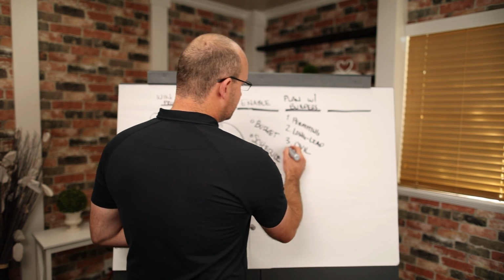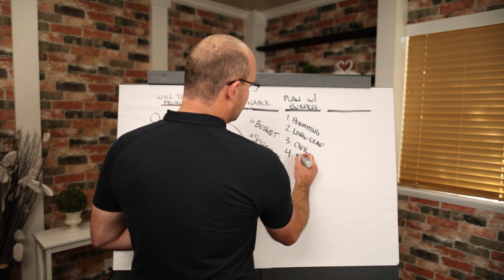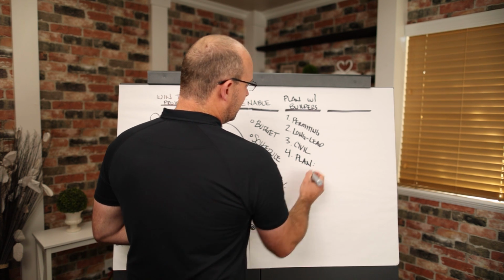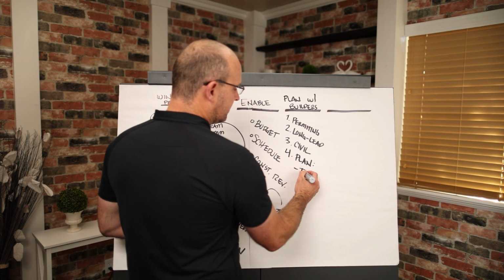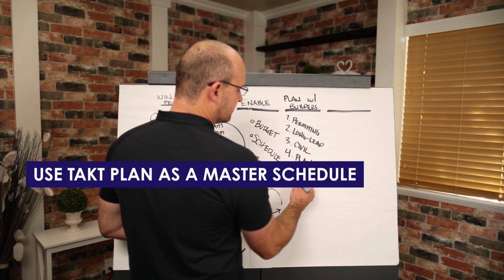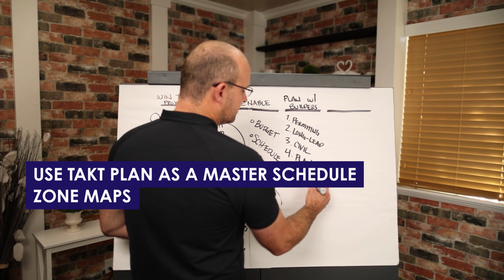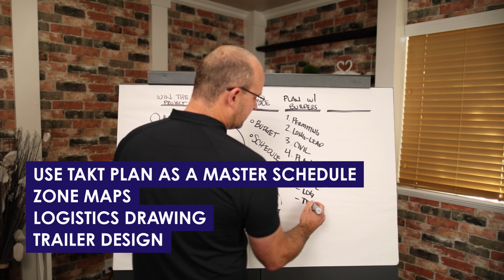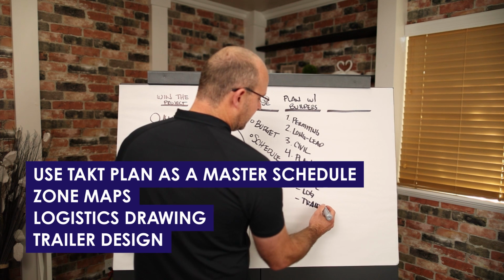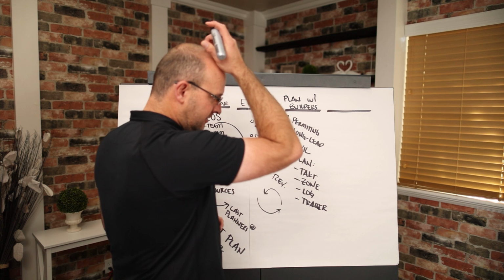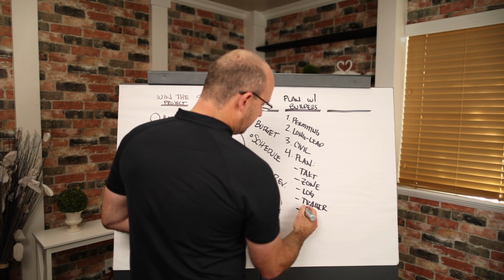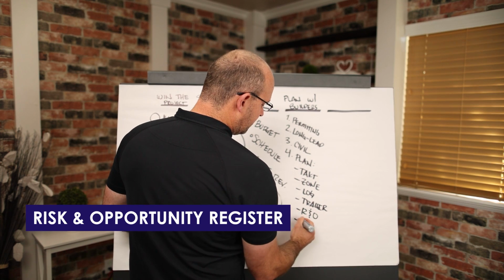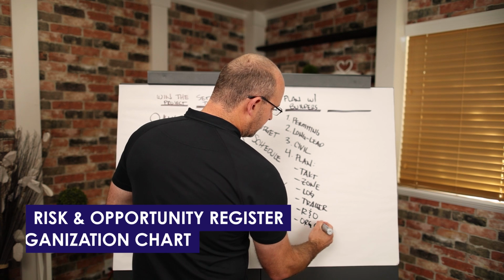In this phase, you'll also want to make sure that you have an amazing plan. So every project should start out with the tact plan as a master schedule, your zone maps, your logistics drawings, your trailer design, so that we have the right environment to do collaboration with our last planners and our trade partners, your risk and opportunity register, and your org chart at a minimum.